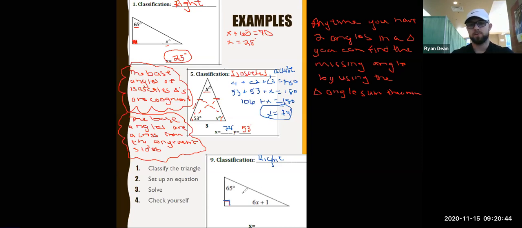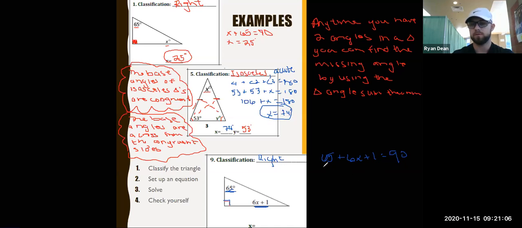With right triangles, the 2 acute angles are going to be complementary. So my 65 plus 6x plus 1 is equal to 90.